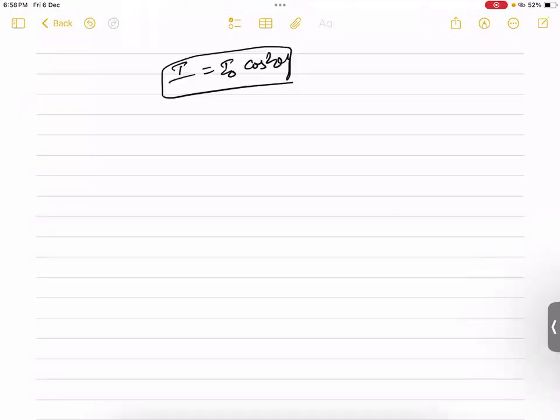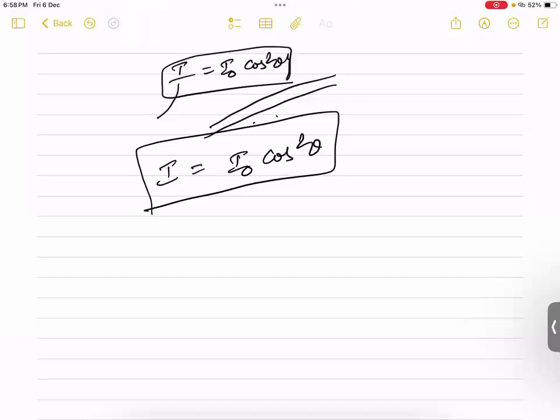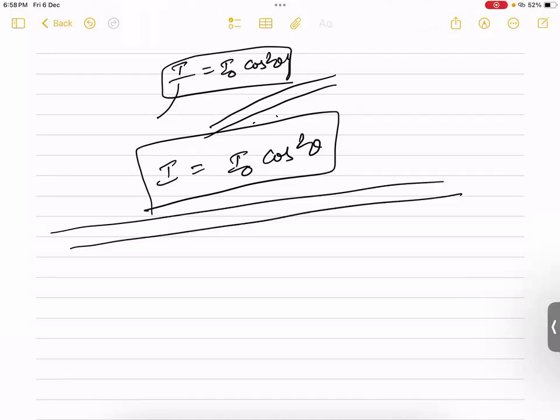And what is I? The emergent one. So please remember these very important concepts.